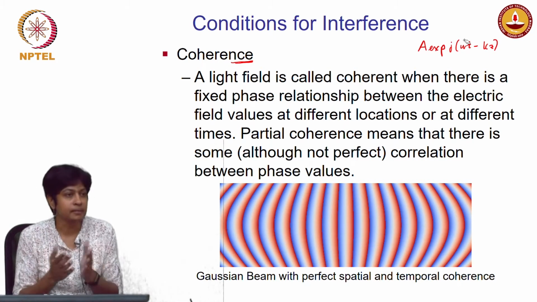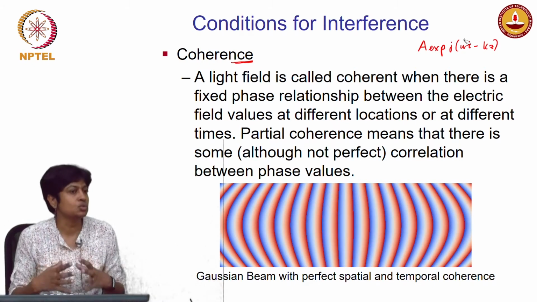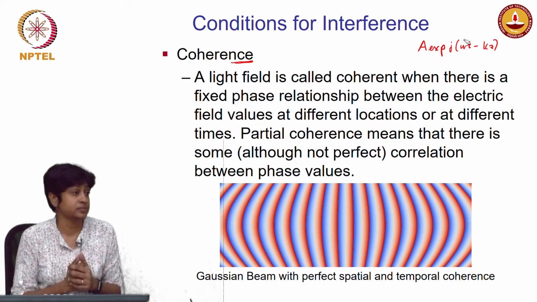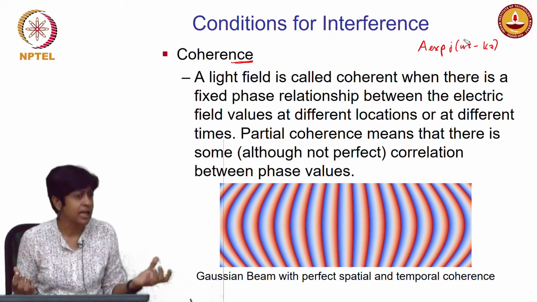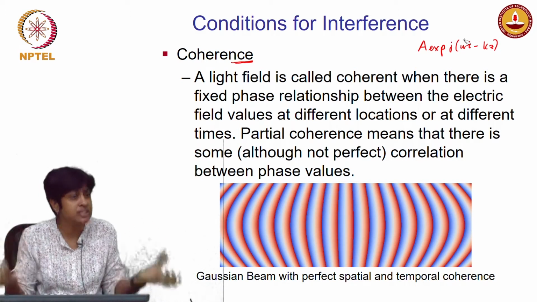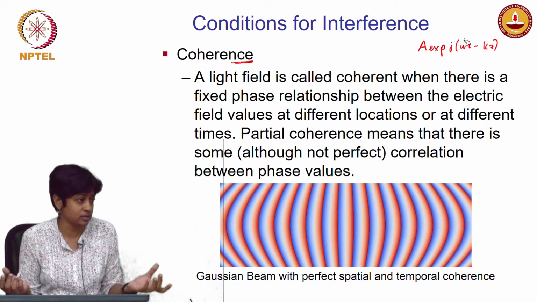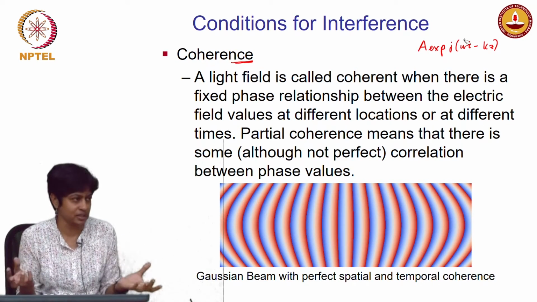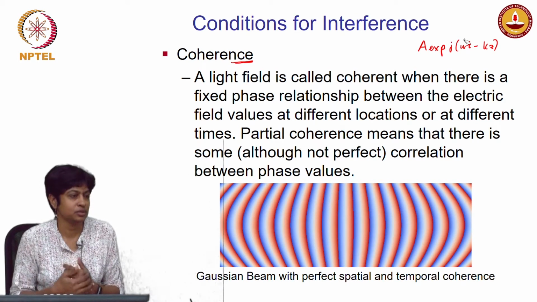Now, it should be clear, or maybe it's not that clear, but if I take a white light source, say from a tube light, and I take a laser, and if I were to compare the coherence of these two sources, they don't have the same degree of coherence. So, if I want to do an interference experiment, can I do it with a white light source, with a tube light? Do you think?